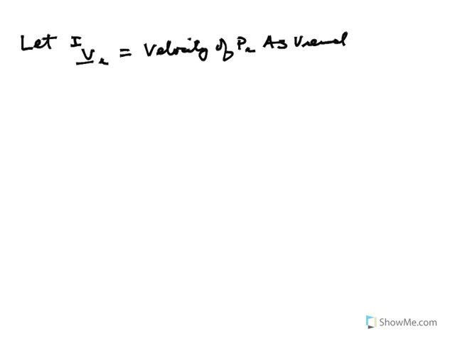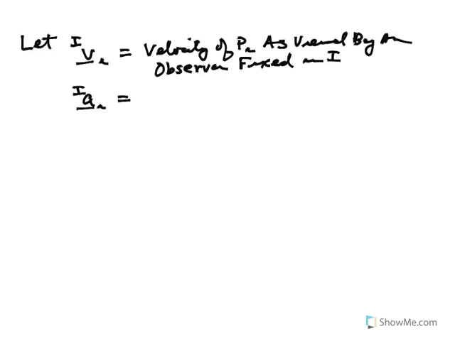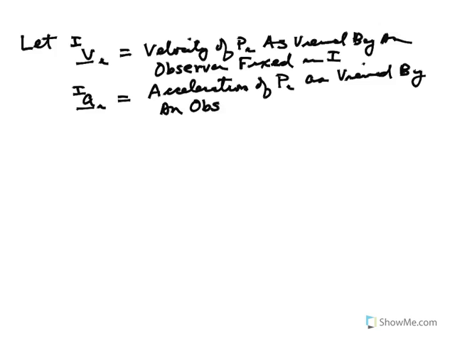So let Vi in I be the velocity of Pi as viewed by an observer fixed in the inertial frame I, and let Ai be the acceleration of Pi as viewed by an observer fixed in I. And for these two, we've got i going from 1 to n.